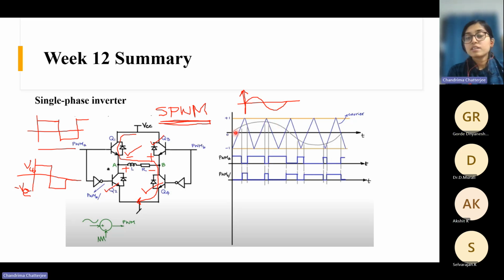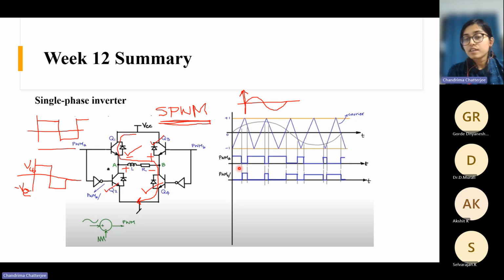Basically you have this carrier wave and you have your reference signal like this, the sine wave. Now the same logic you apply: when this reference signal is greater than your triangular wave, then your pulse is high. Suppose this is for this leg.